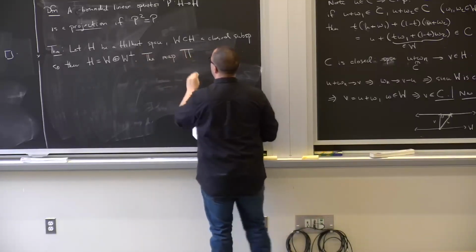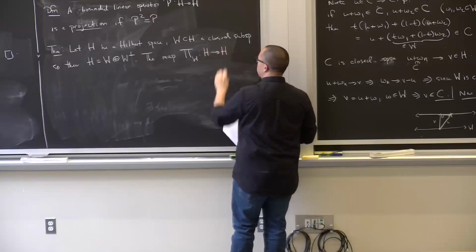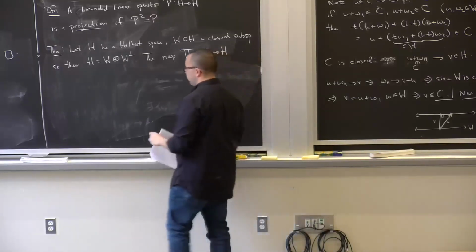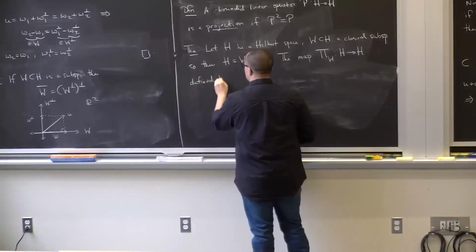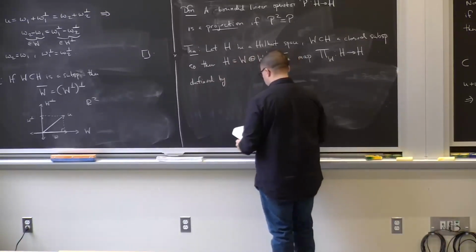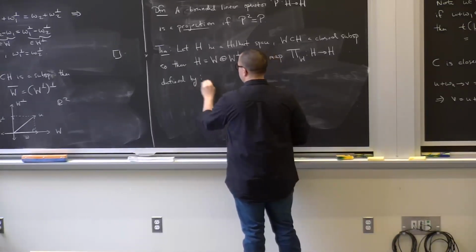The map pi sub W going from H to H is defined by the following.